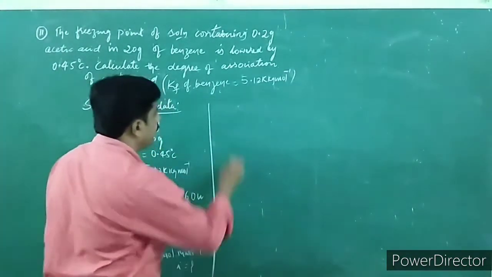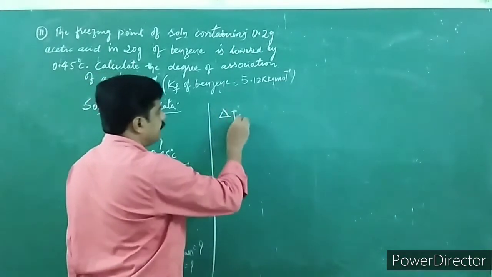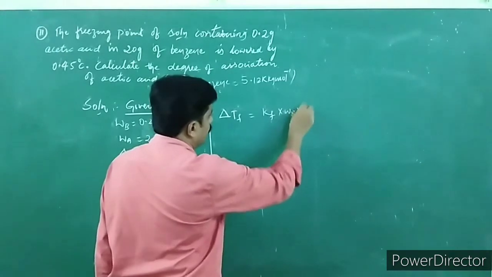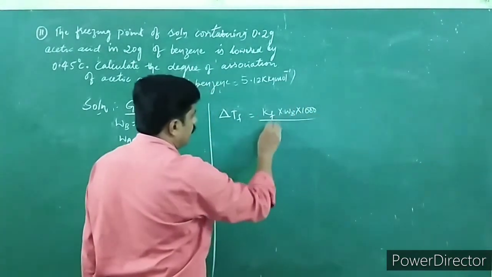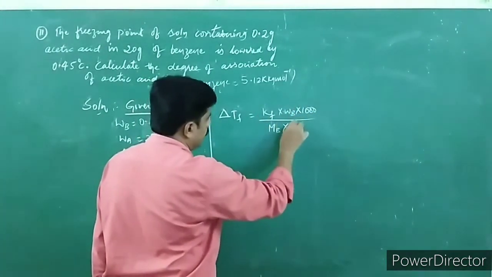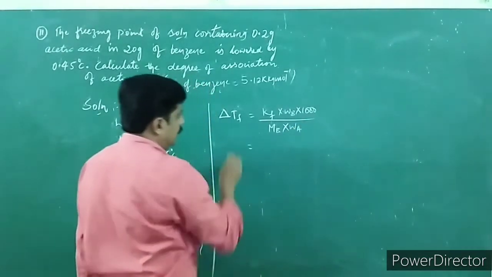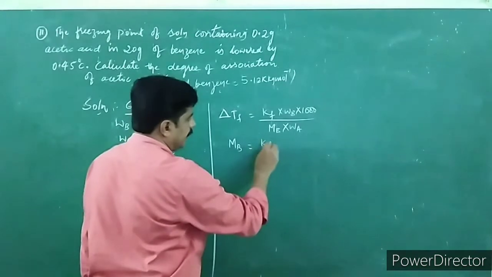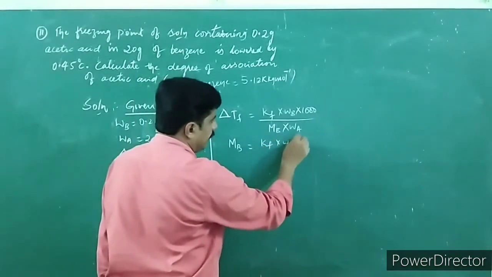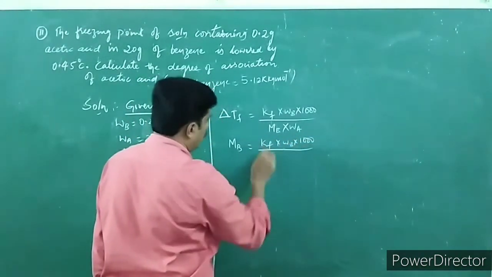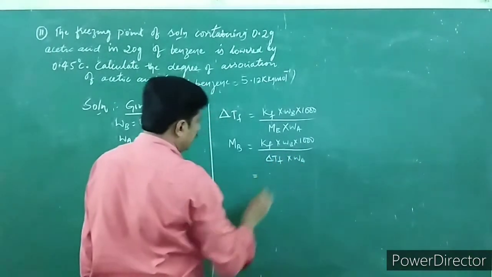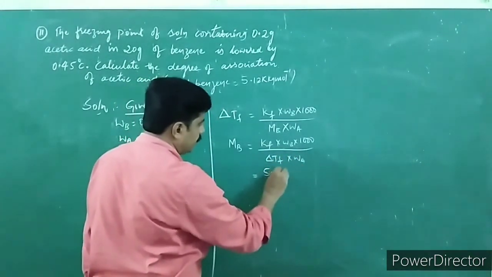So let me take up, this delta Tf is equal to Kf into Wb into 1000 upon Mb into Wa. Now observed molar mass you have to find out. Mb is equal to Kf into Wb into 1000 upon delta Tf into Wa. Now Kf is equal to 5.12.